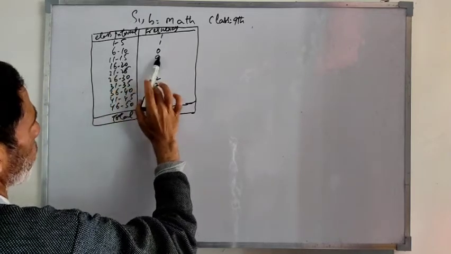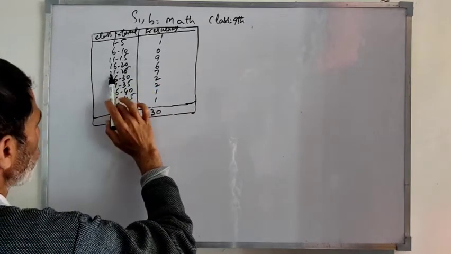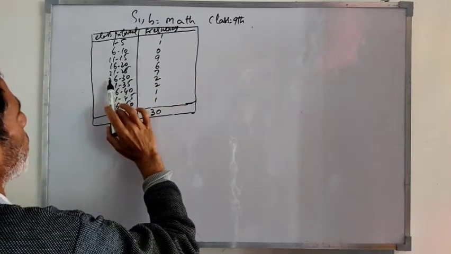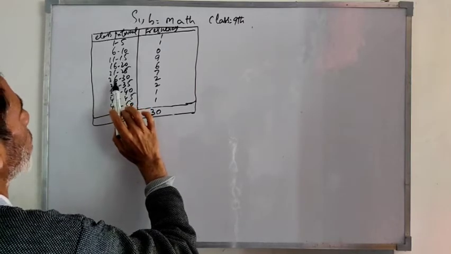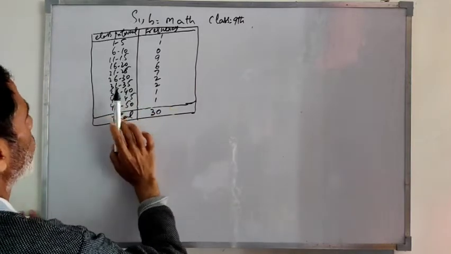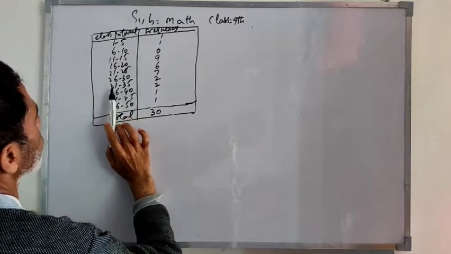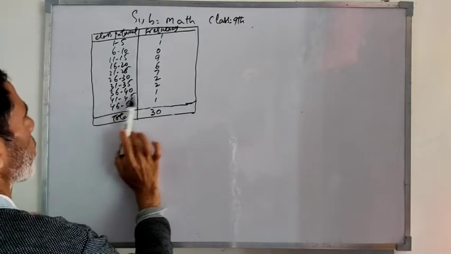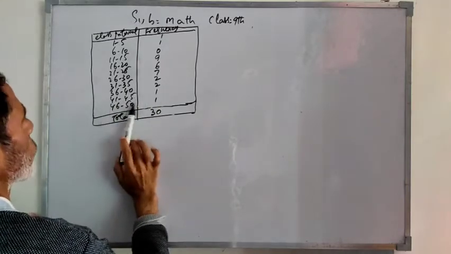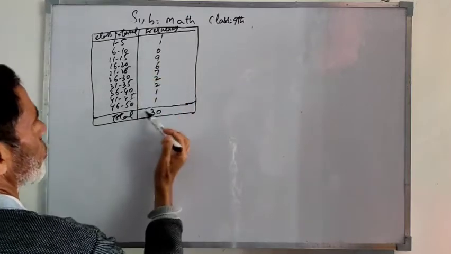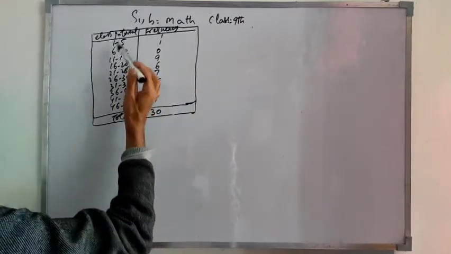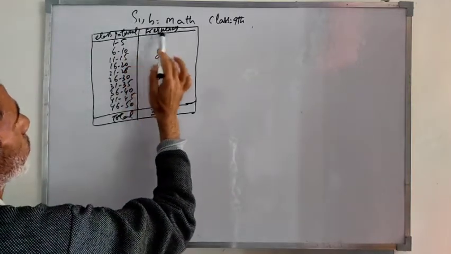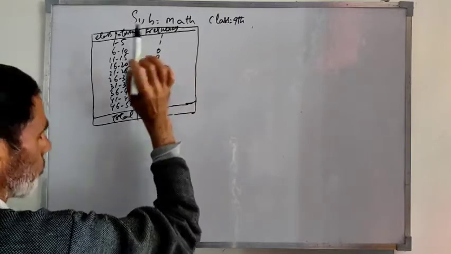From 16 to 20, 9. From 21 to 25, 6. The number of students who scored between 26 and 30 is 7. From 31 to 35, 2. From 36 to 40, 2. From 41 to 45, 1. And from 46 to 50, 1. The total number of students is 30. In this way, this data is condensed into groups or classes. This table is called a grouped frequency distribution table.